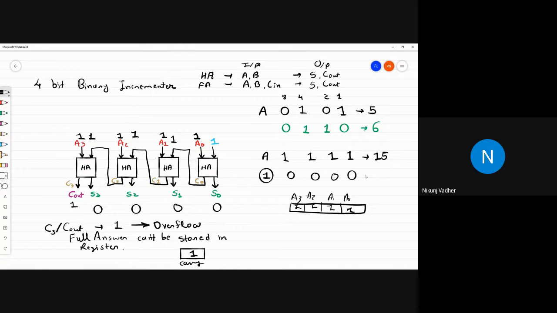It will not happen that at runtime the computer adds extra bits and makes it 1, 0, 0, 0, 0. At hardware level, everything is fixed, so we have to manage in another way. For this purpose, we will use the carry flag.